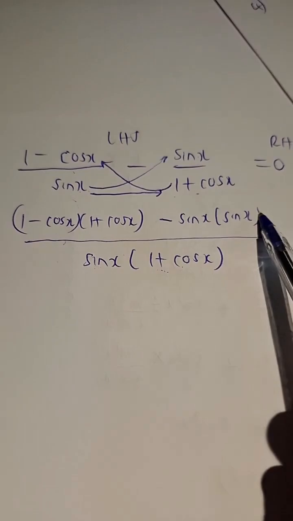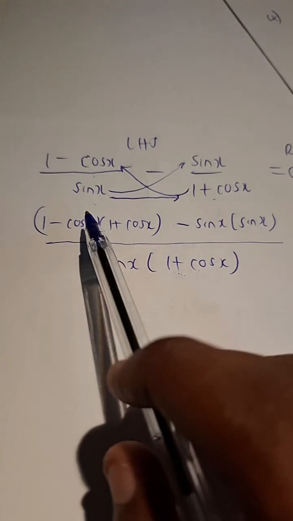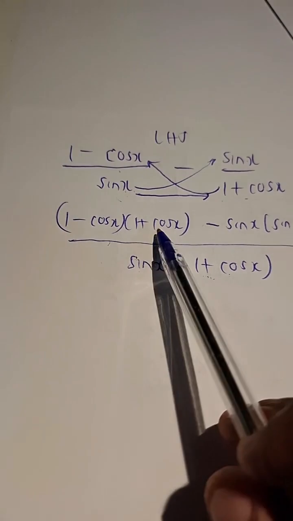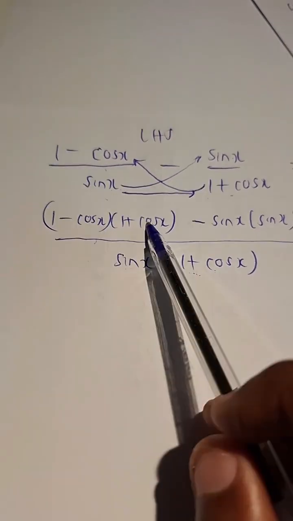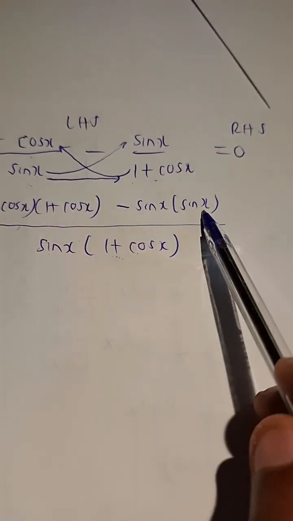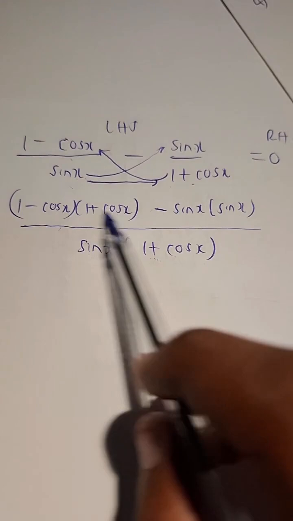Then, let's look at the numerator. We can now add and subtract the numerator, but you can see that there's multiplication, meaning there's a binomial by a binomial. We can multiply this out, and then this negative sine x needs to be multiplied with this sine x. So let's do that. 1 times 1 is 1. 1 times positive cos x is plus cos x.